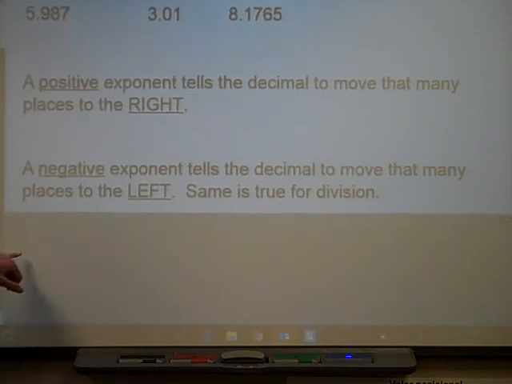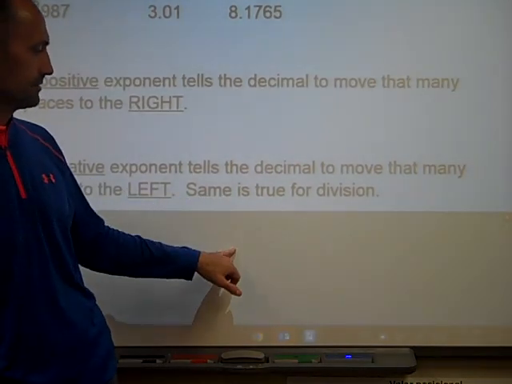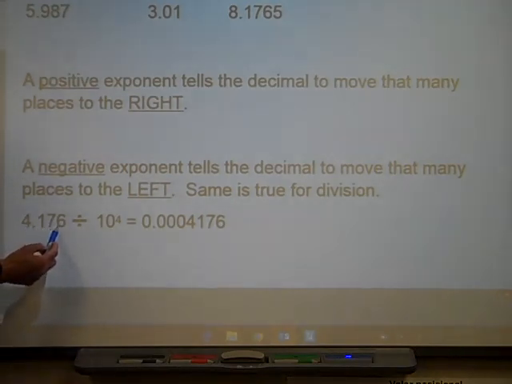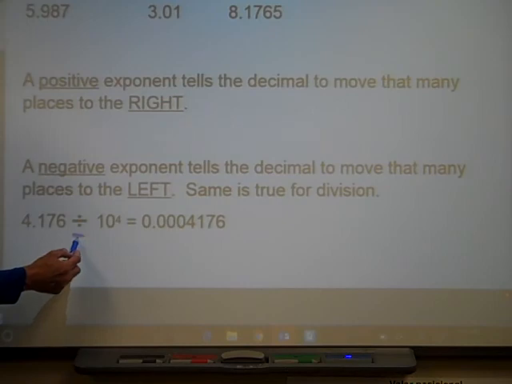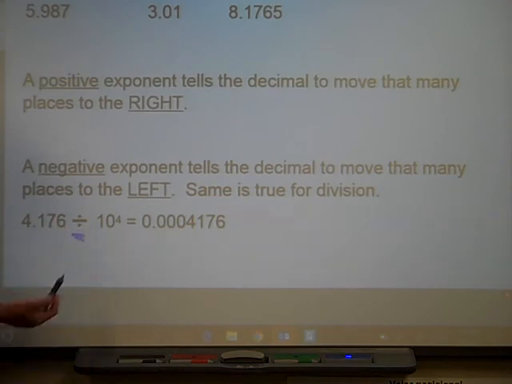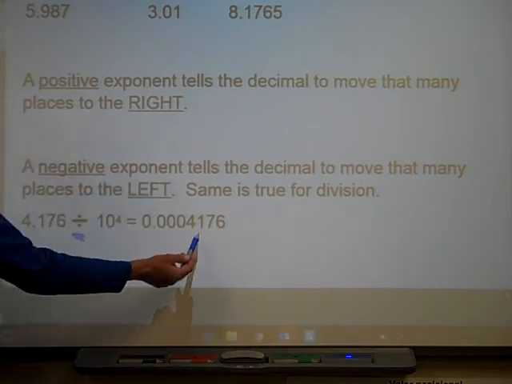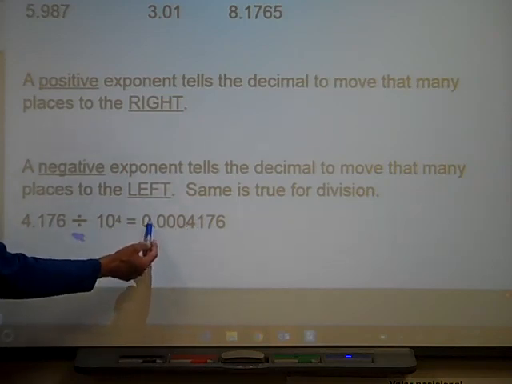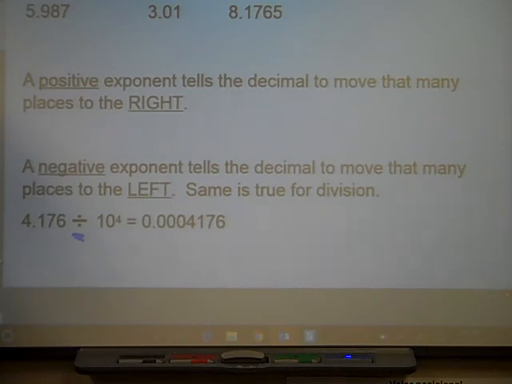And one example, okay, so I wrote here, same is true for division. Right, so if we had this, for example, 4.176 divided by 10 to the 4th, because of this division, the decimal is also going to move to the left. Right, so it was here, 1, 2, 3, 4, and then the decimal and a 0.